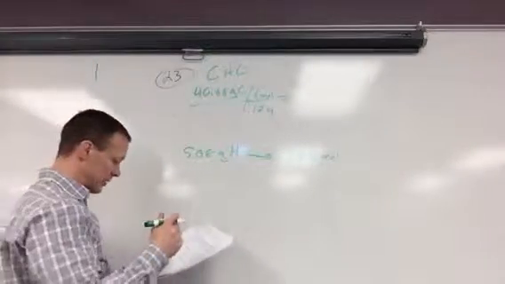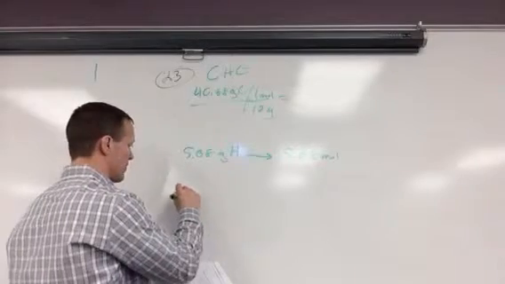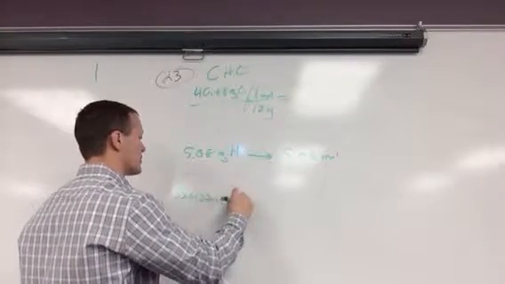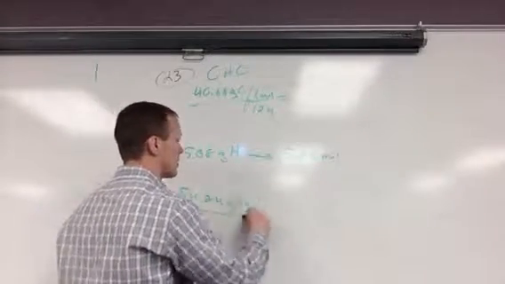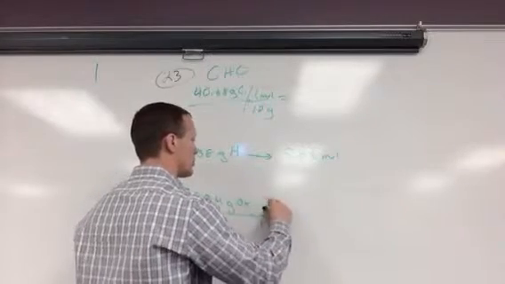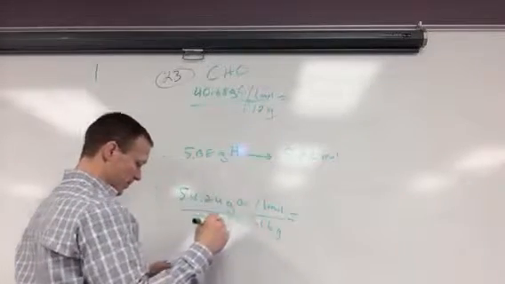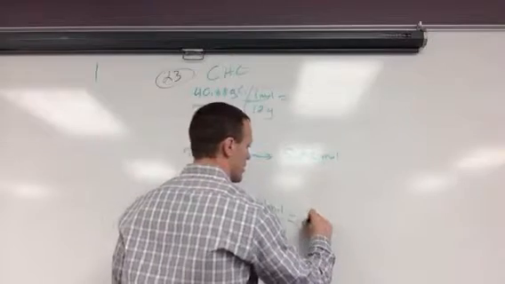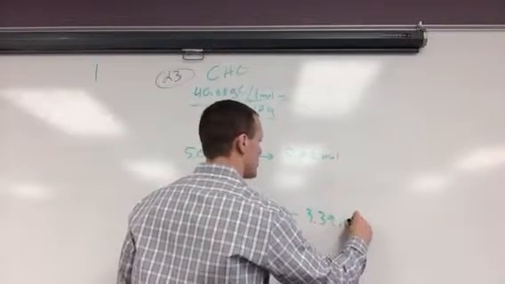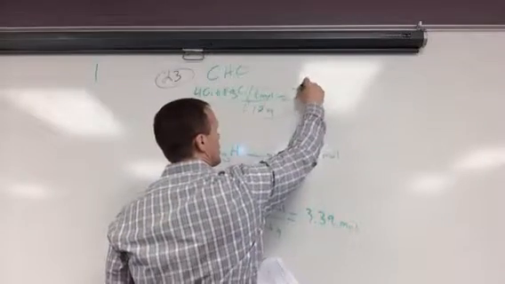So hydrogens are always easy to do. And 54.24 grams of oxygen. 16 grams is a mole. So that gives me 3.39 moles and 3.39 moles.